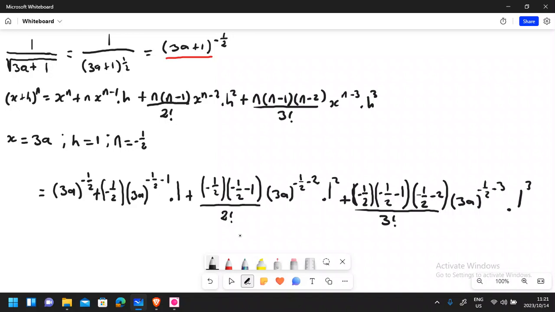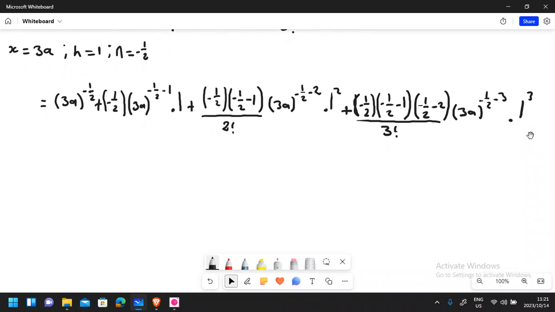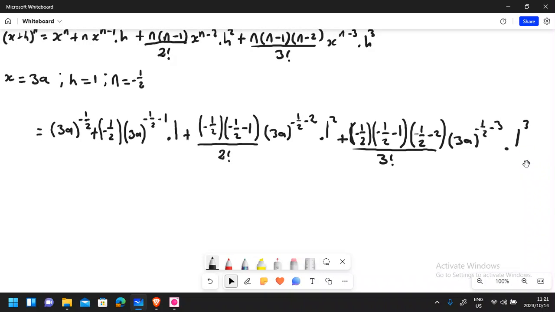Now this is the part whereby a lot of people make a lot of mistakes. Don't worry, I also make mistakes here guys, so I'll try not to make those mistakes here. So be very careful guys. Okay, take your time when you do this one. So this one, the first term, we can leave it like that for now. For now we can say 3a to the power of negative half.